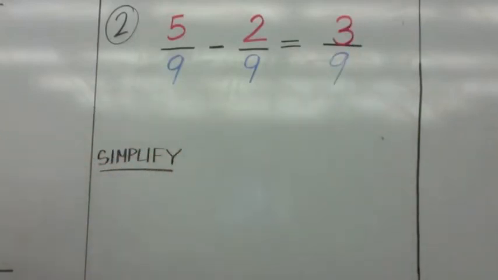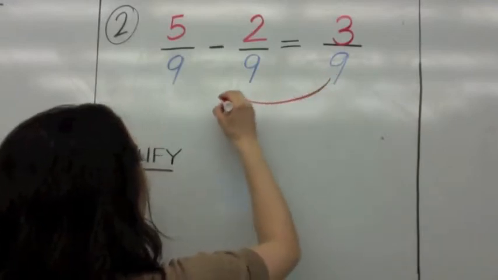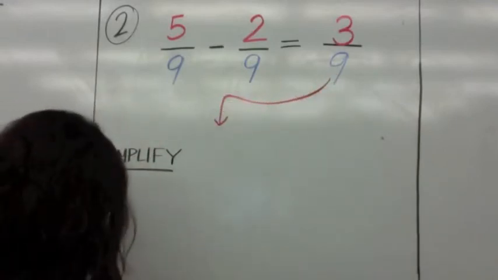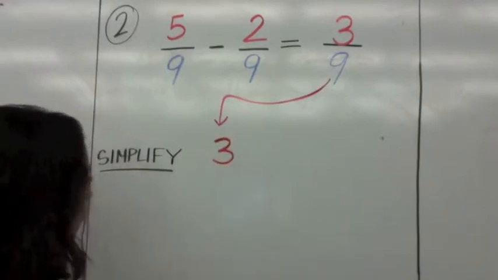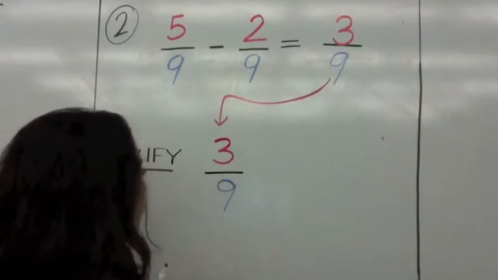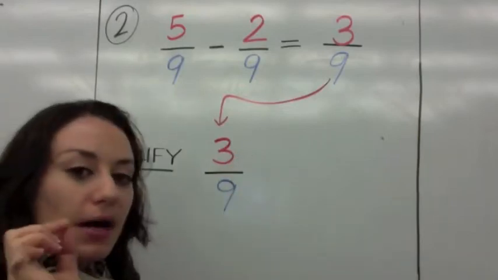Now, let's write this fraction right here, 3/9. I want to ask you, could you simplify 3/9? In other words, could you divide both 3 and 9 by the same number?